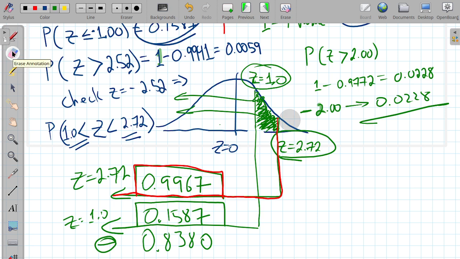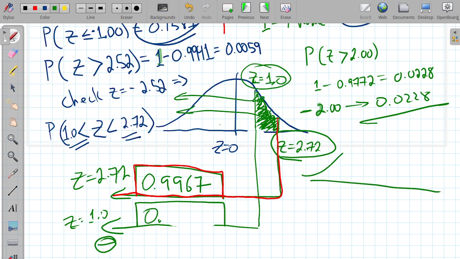Let me fix the mistake. It should be 0.9967 minus 0.8413, which is 0.3380. The mistake is here. The 0.1587 was the area to the right, but we're not interested in that. Remember, with these curves, half the curve is to the left, half is to the right. That means there's 50% here and 50% here.